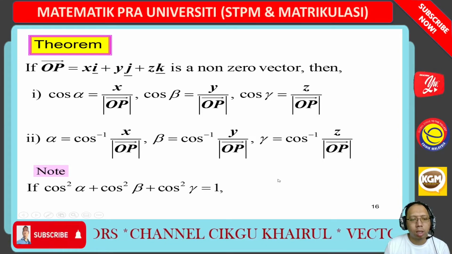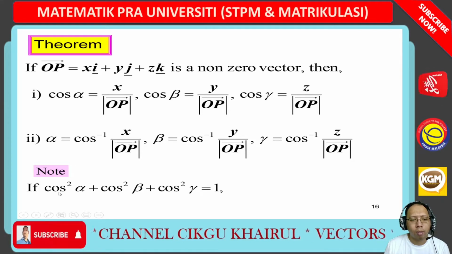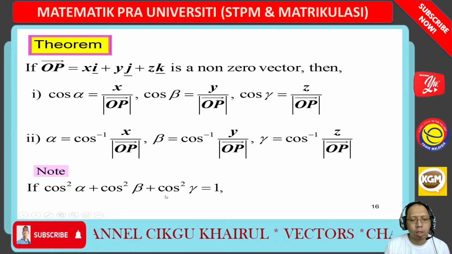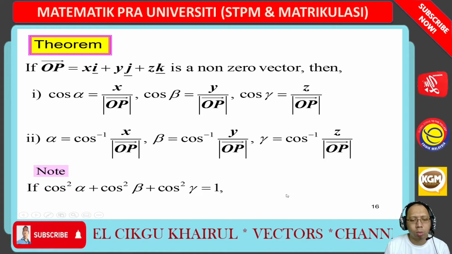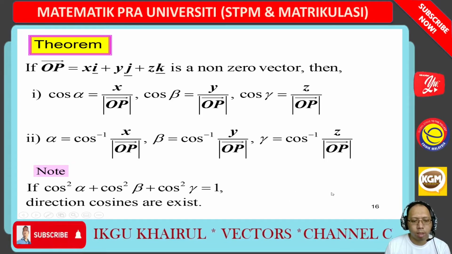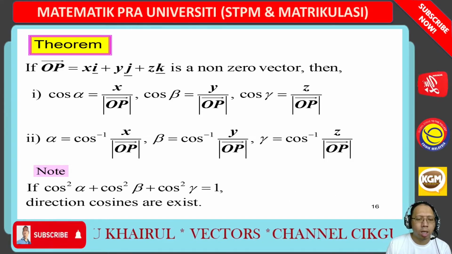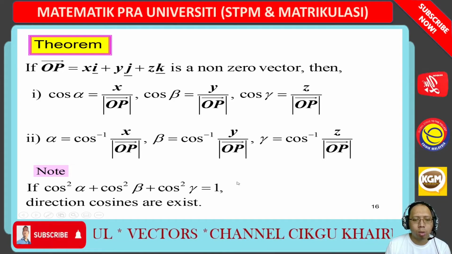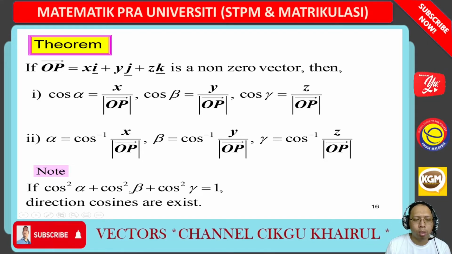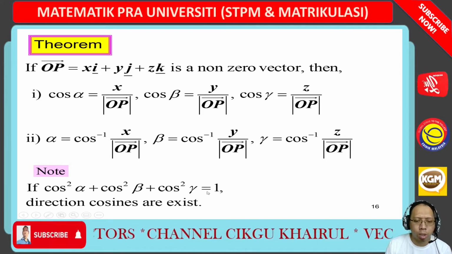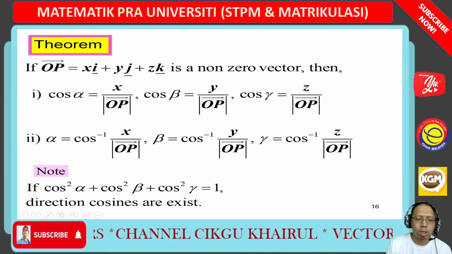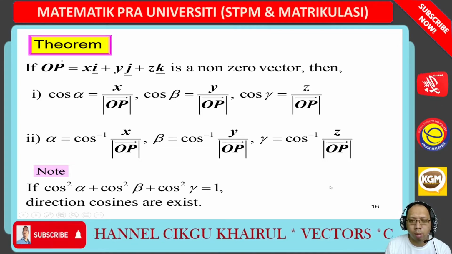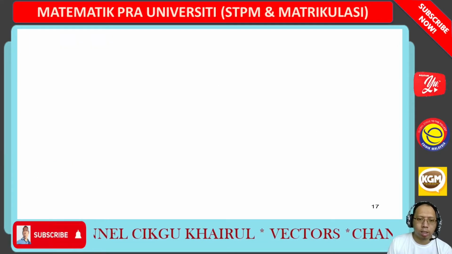Okay, note that cos squared alpha plus cos squared beta plus cos squared gamma equal to 1. If we can show that cos squared alpha plus cos squared beta plus cos squared gamma equal to 1, you can say that the direction cosine exists, then we can find the direction angle.